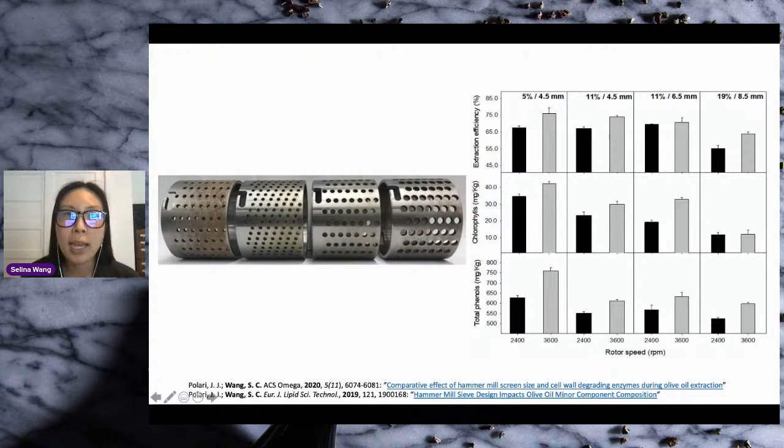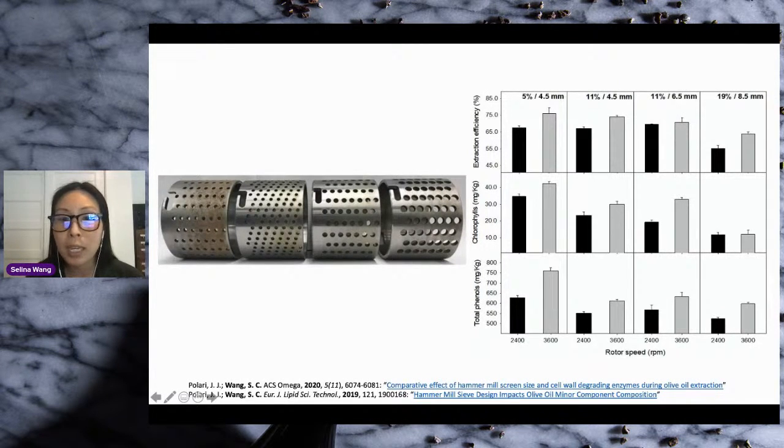The reason why we considered these different processing parameters, such as the grit size, the enzyme, and the speed, is that we're trying to do this kind of research in such a way that the processors don't have to invest millions and millions of dollars to change the equipment that they already have. Right, so changing the grit size and the speed is something that they can easily do instead of buying additional equipment and adding to their investment.